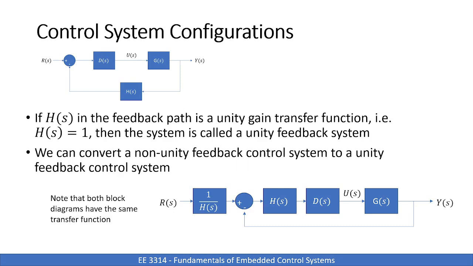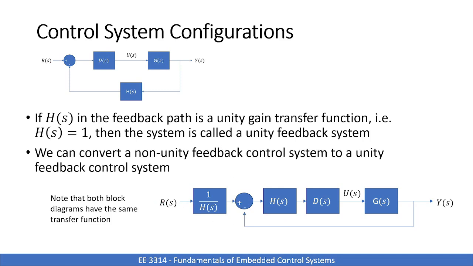Okay, if H of S in the feedback path is a unity gain transfer function, the system is called a unity feedback system. We can always take a non-unity feedback control system and make it into a unity feedback control system by taking this H of S and distributing it around this summation block, like this, right?